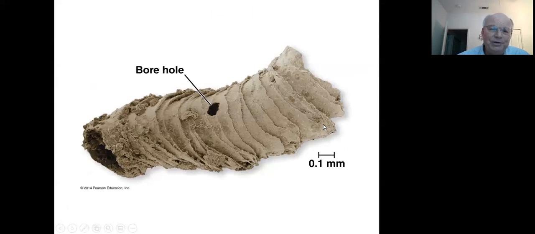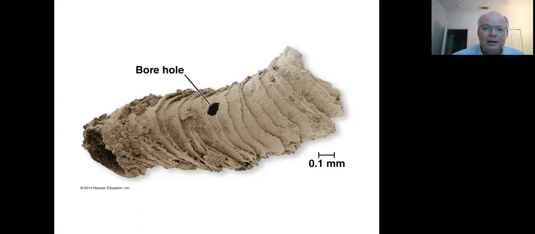And here is some evidence of that change in prey behavior. This borehole is characteristic of a type of mollusk that we have present today. This is a fossil that dates back to this time period in the Cambrian, but we see this type of neat round borehole as a predatory behavior amongst a group of mollusks that are extant today called moon snails.